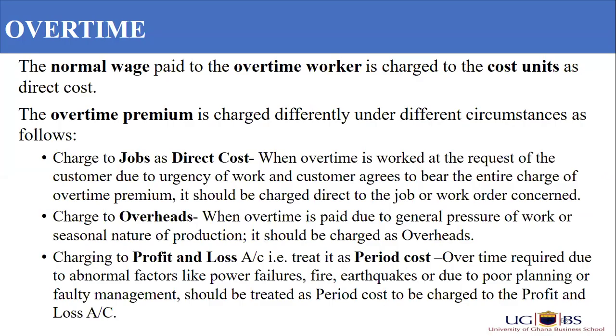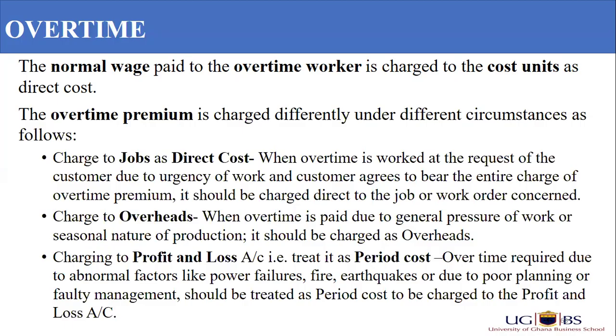The overtime premium is charged differently under different circumstances. We charge overtime to the job as direct cost when the overtime is worked at the request of the customer due to urgency of work and the customer agrees to bear the entire charge of the overtime premium. So let's say you have a wedding to attend, let's say 2 days from now.